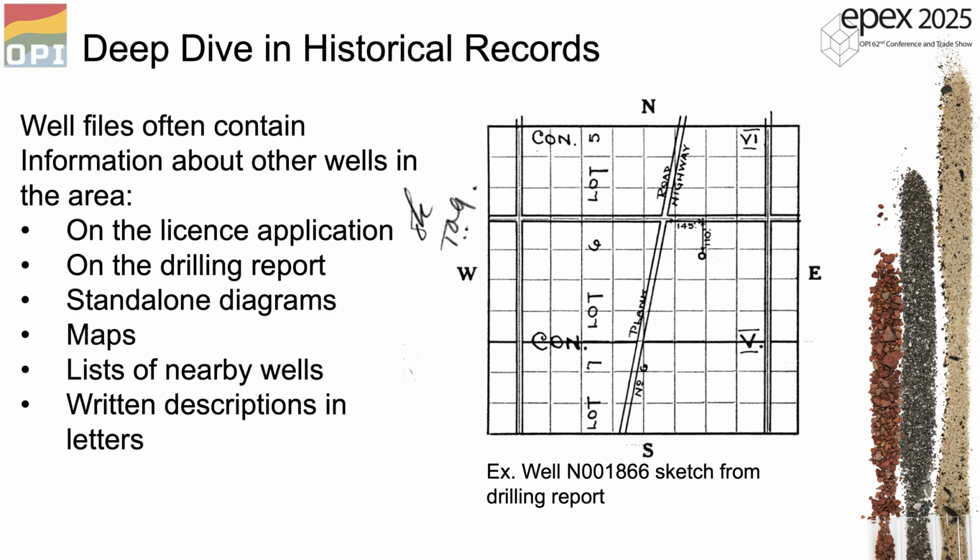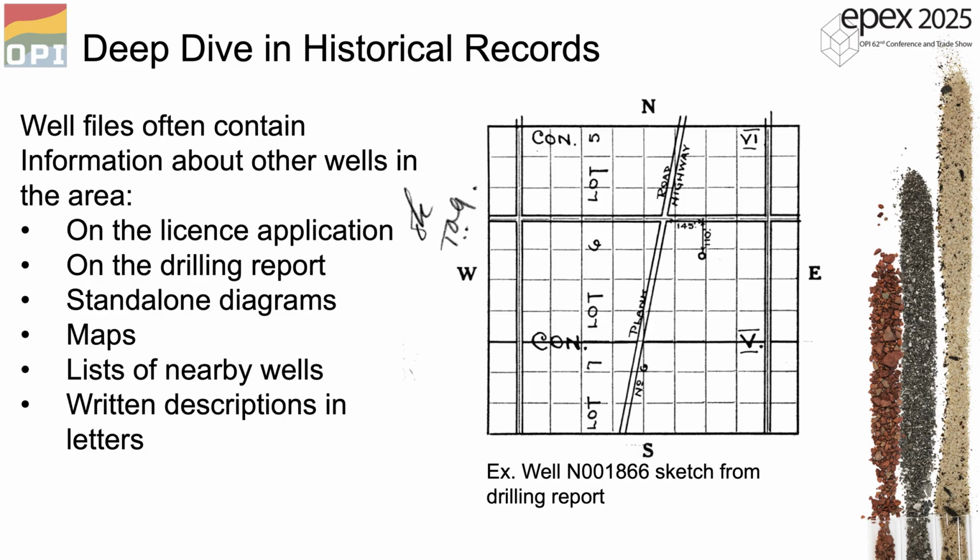These next few slides will be about some resources at the library that could be explored further for missing well records. The well files themselves have sketches in them from the time, and they often have nearby wells too.